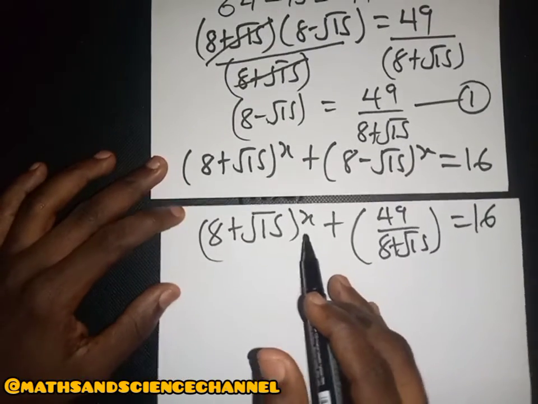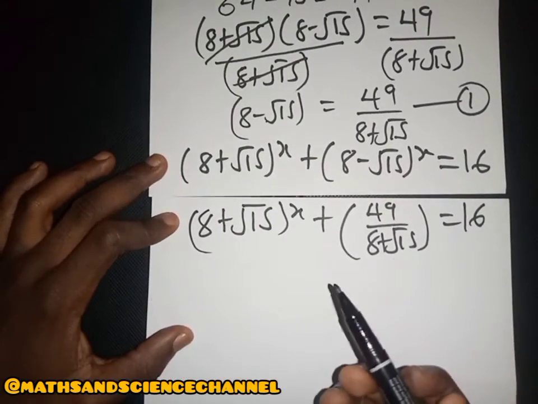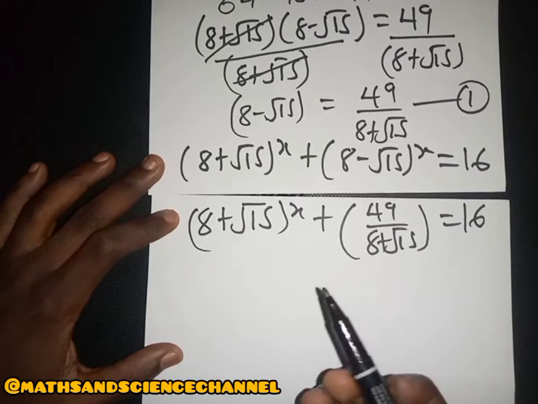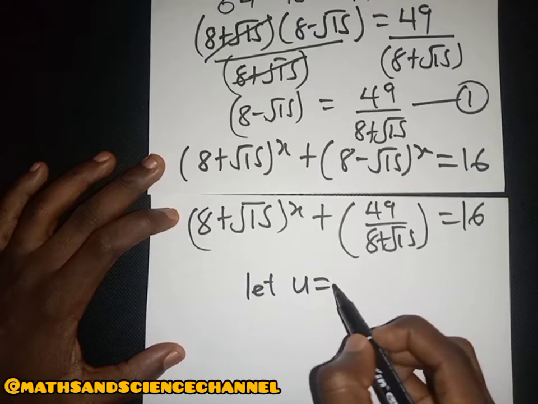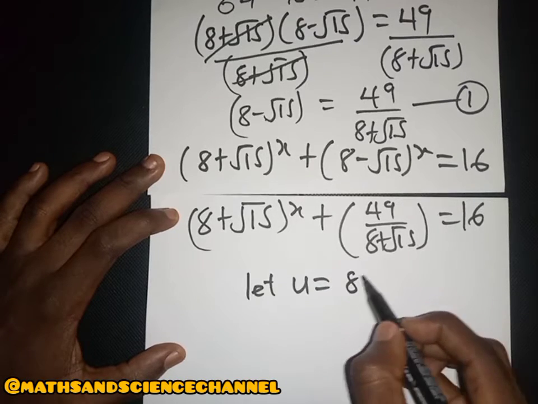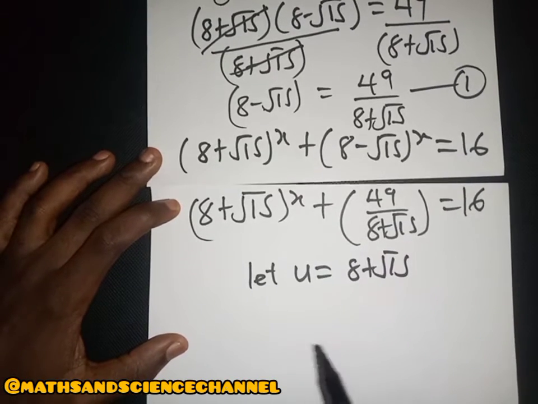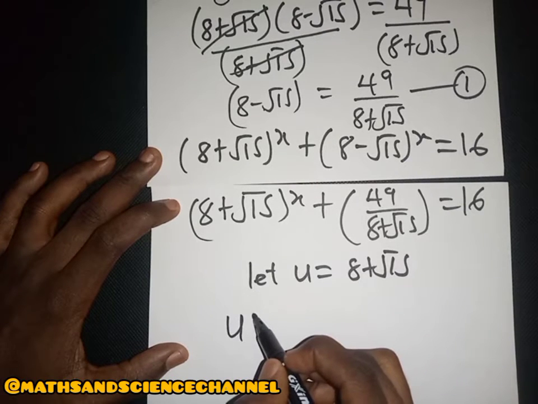From here, using this will look a bit complicated, so let's use a variable. Let u be equal to 8 plus the root of 15. If that is the case, then we have u to the power x.